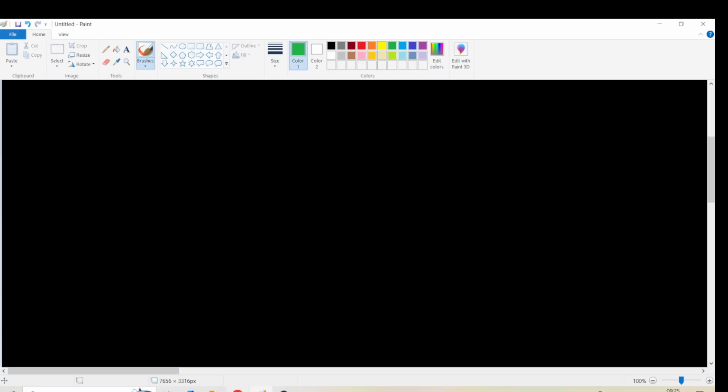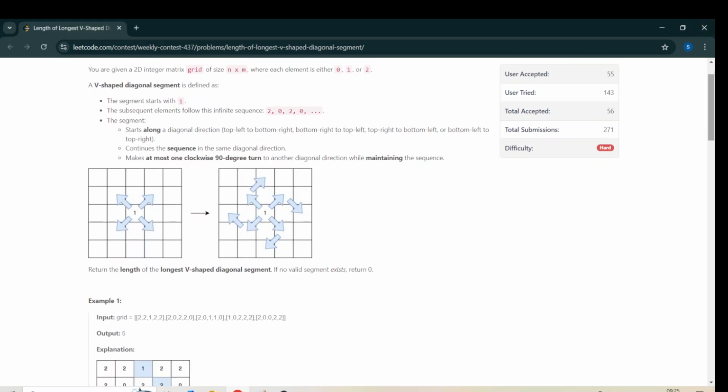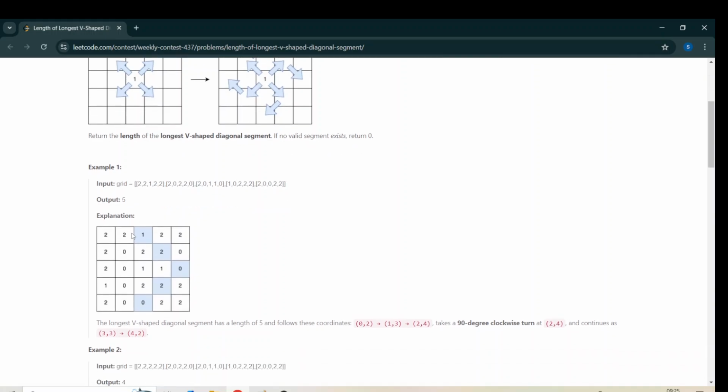So let's take another example. Here you can see that this segment starts with 1, and it goes in this diagonal direction. After 1 we should always have 2, and then we have 0, then we have 2, and then we have 0.